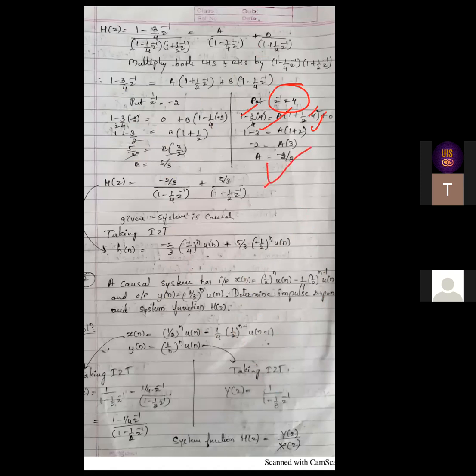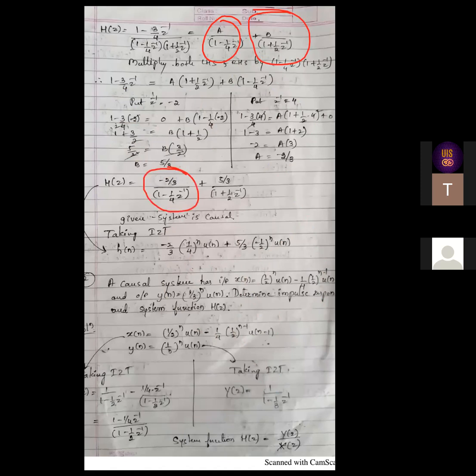So after getting a and b, substitute in this equation. You will get a as minus 2 by 3 and b as 5 by 3 divided by those two brackets. So this is up to H of z. We have got H of z now by using the partial fractions.